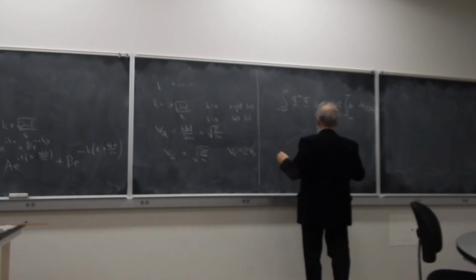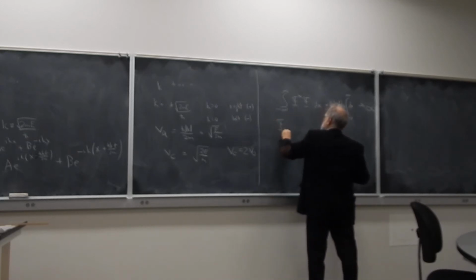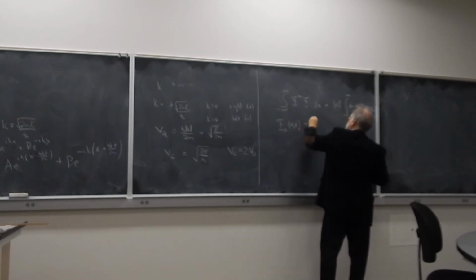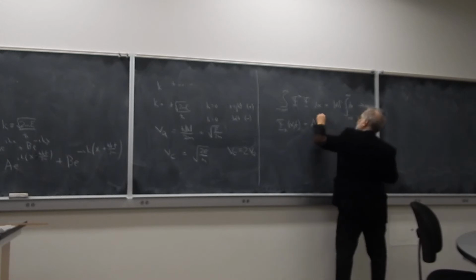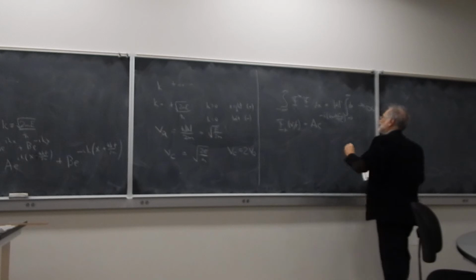I'm going to write the solution psi sub k of x and t as A e to the minus i(kx minus h bar k squared t over 2m).